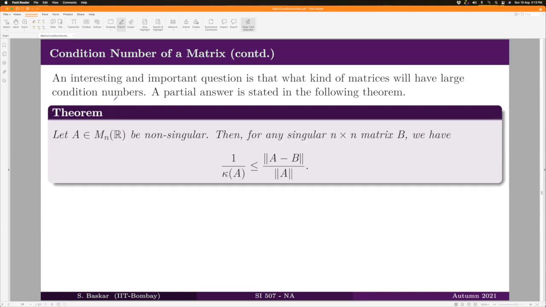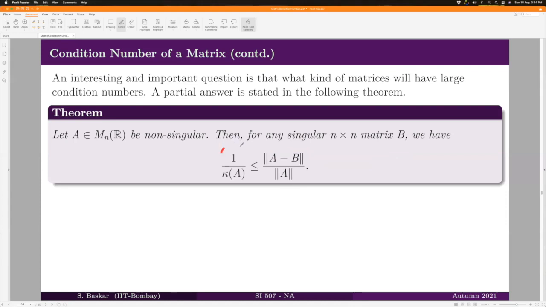Consider an n cross n invertible matrix A. Then for any singular matrix B, which is n cross n, we can say that 1 by condition number of A is less than or equal to the relative error in B when compared to A. And of course, the matrix norm that is used here is a subordinate matrix norm with respect to some vector norm. It can be any subordinate norm.